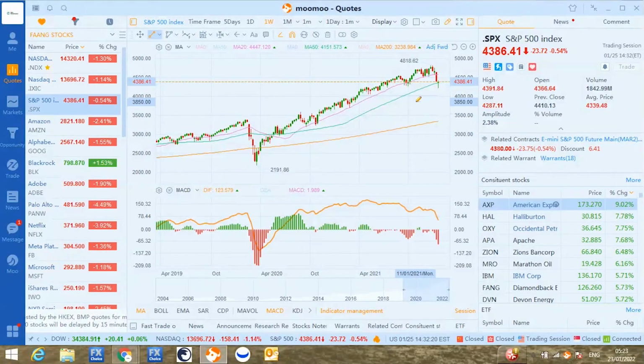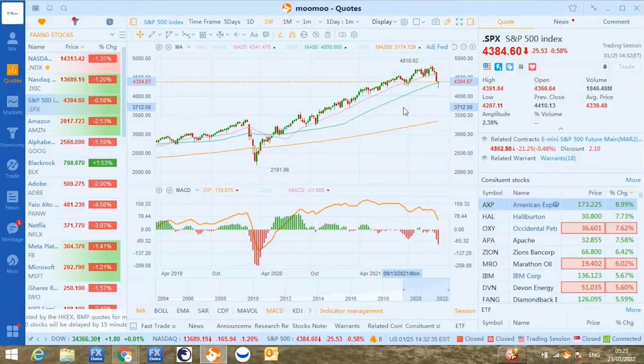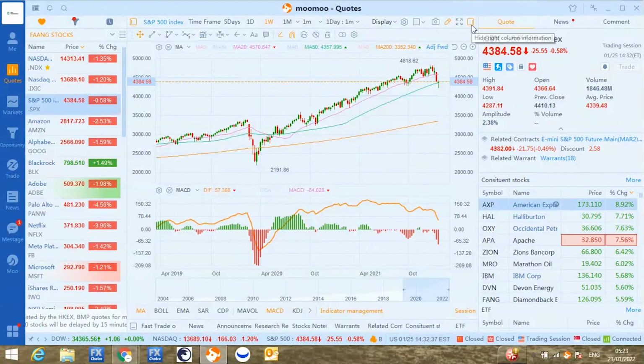Sorry, it was around 34 or so. It was coming down. The S&P 500 was actually down as well. It was about here in red. As the VIX was coming down, the S&P 500 went back up. See? So it's interchangeable.